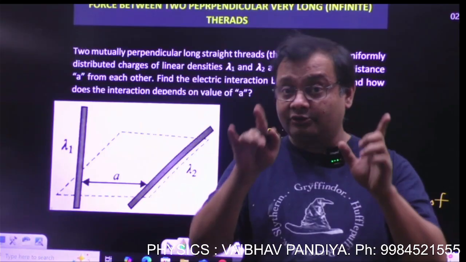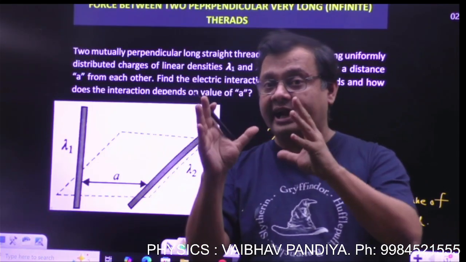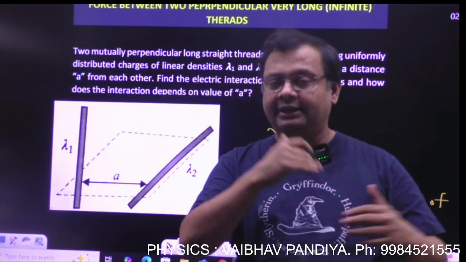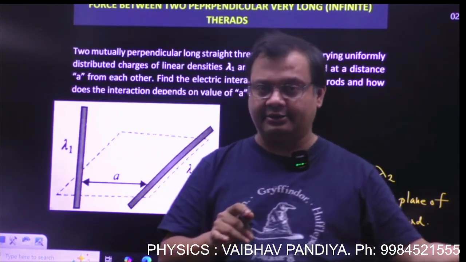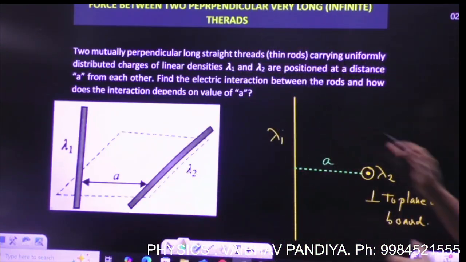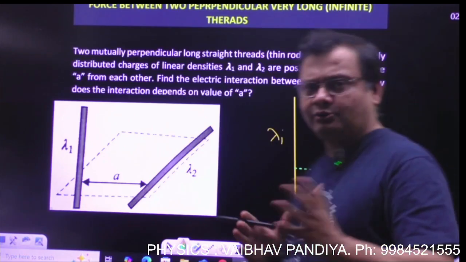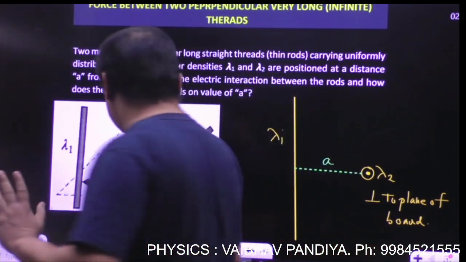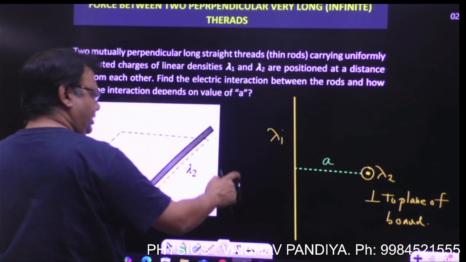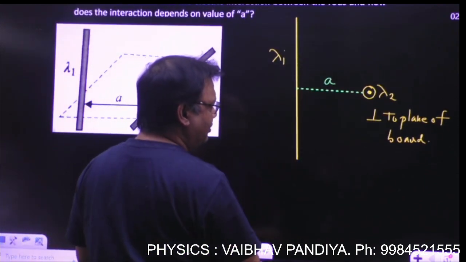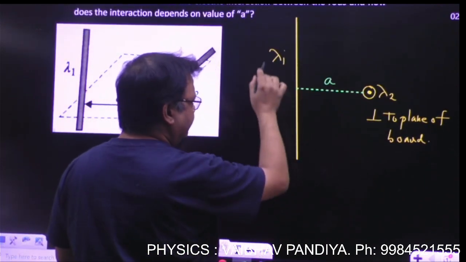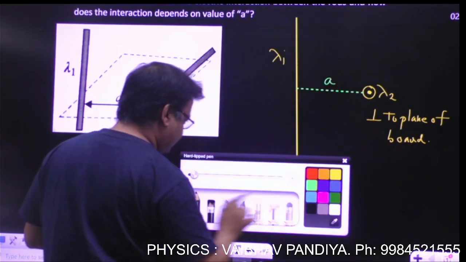Because of the source, we will find the electric field at the location of the target, and then due to this electric field, we will find the force on the target. So that is your choice among the two rods, which rod you take as the source and which as the target. So say taking the rod with density lambda 2 as the source and with density lambda 1 as the target.